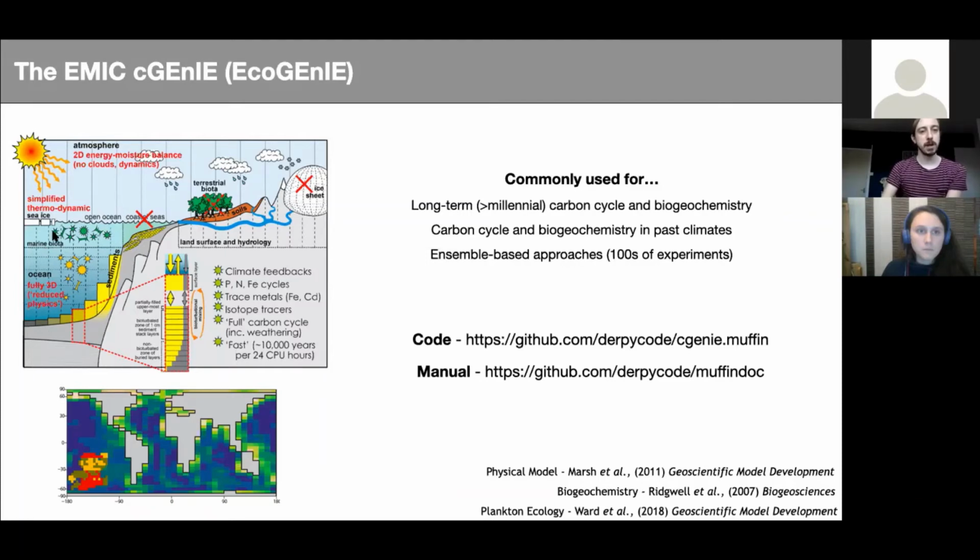It has a representation of ocean biology, so we have some uptake of carbon and remineralization. That includes nutrients, but it also includes isotopes and trace metals. And we also have a representation of deep sea sediments and how that interacts with the carbon cycle.